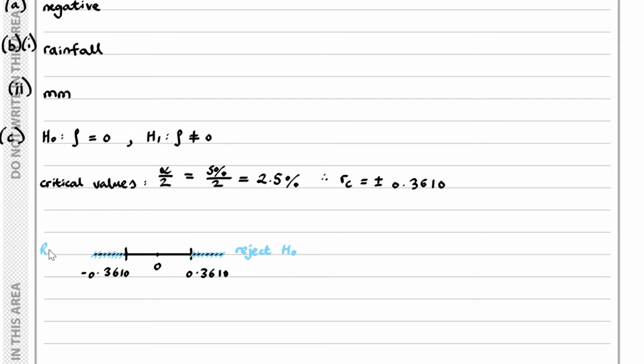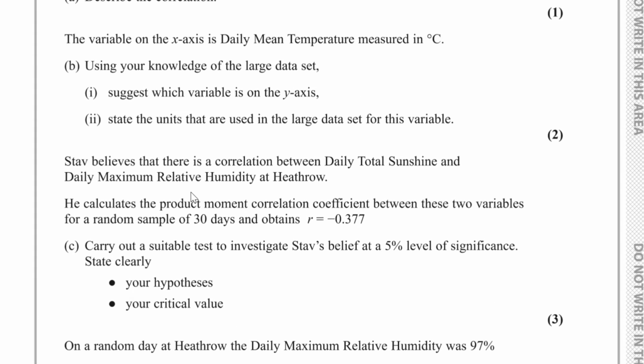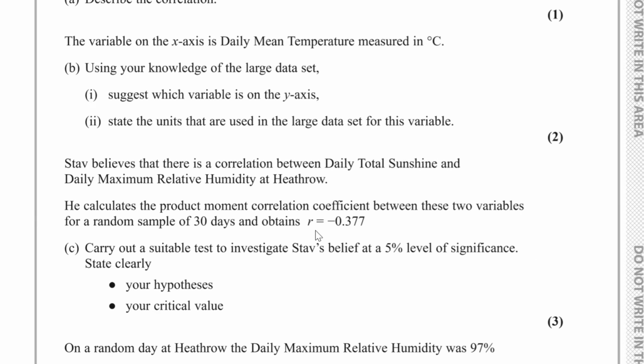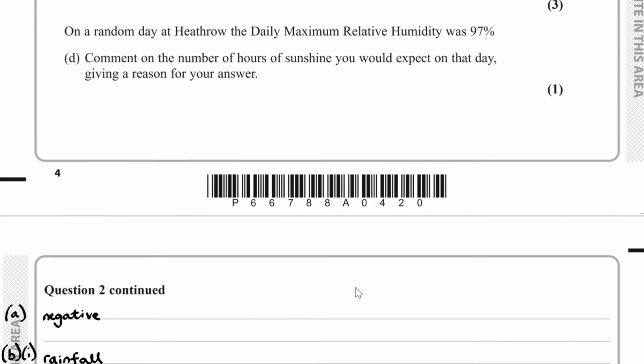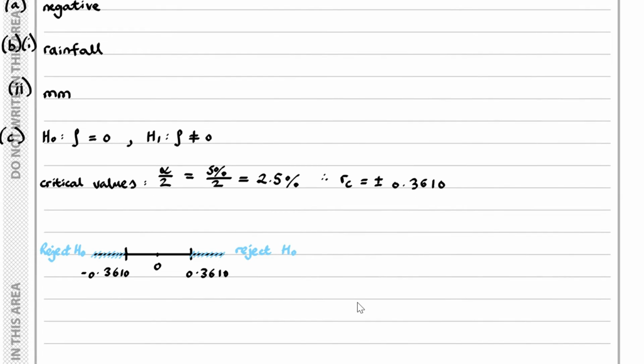We would reject H0. And the value that Stav found was -0.377. So the -0.377, that's over here somewhere. So here we have -0.377.